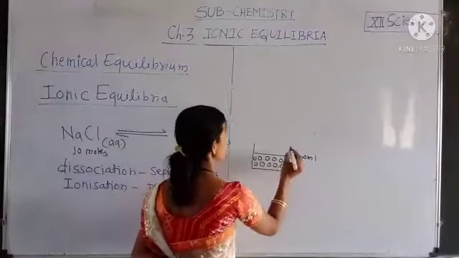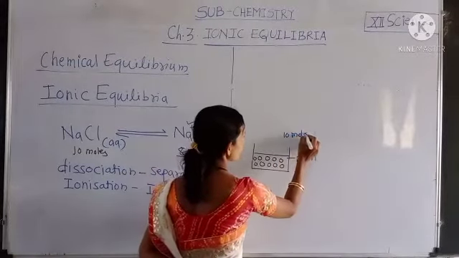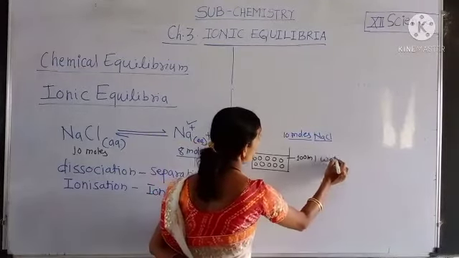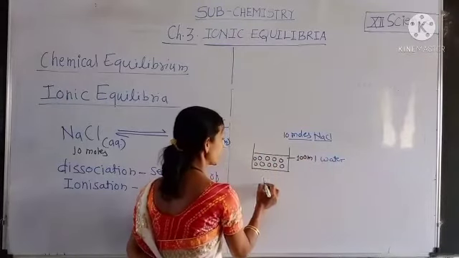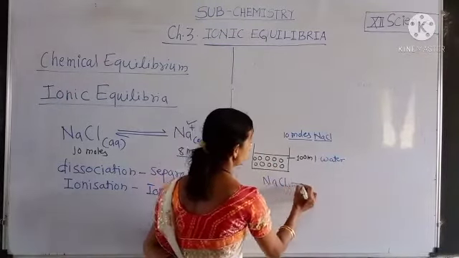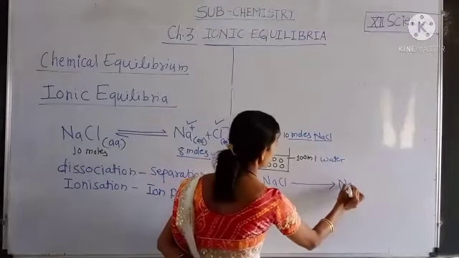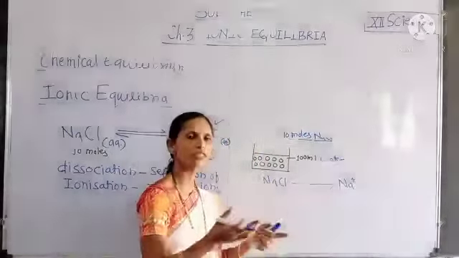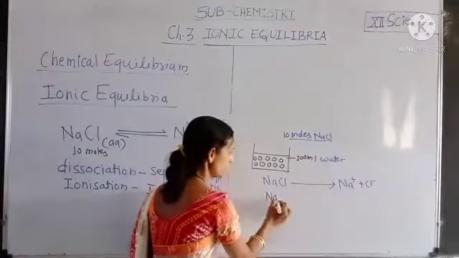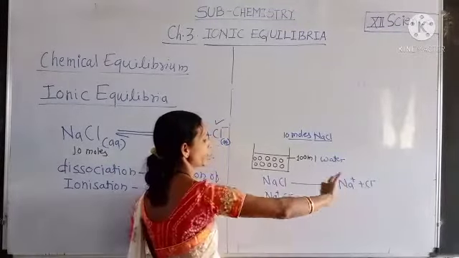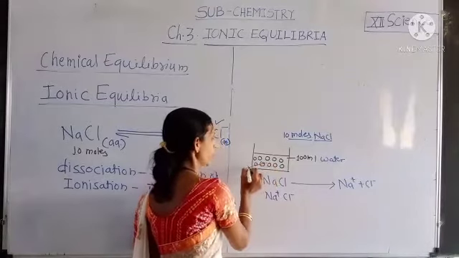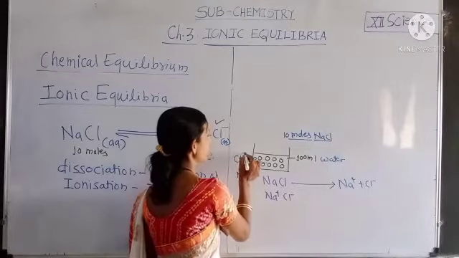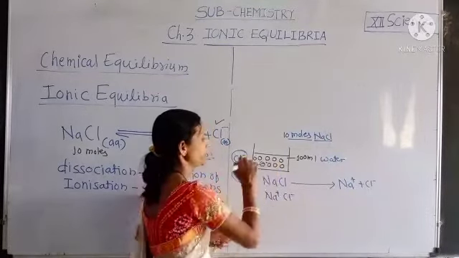See here, when 10 moles of NaCl are dissolved in 100 ml water, it gets dissociated into aqueous medium and gives Na plus and Cl minus. That means NaCl moles get dissociated, forming Na plus and Cl minus ions, which get separated in aqueous medium. That means this solution contains Na plus and Cl minus ions.